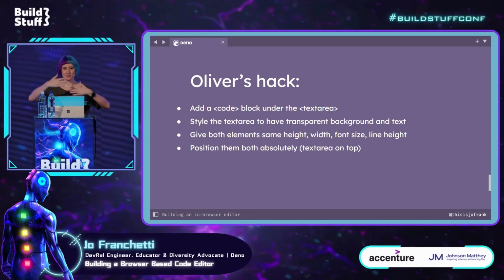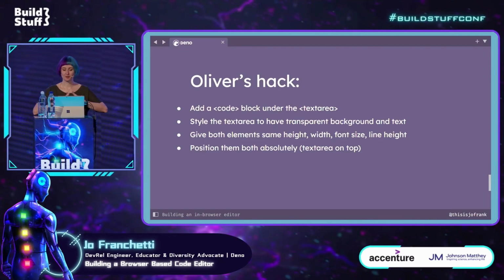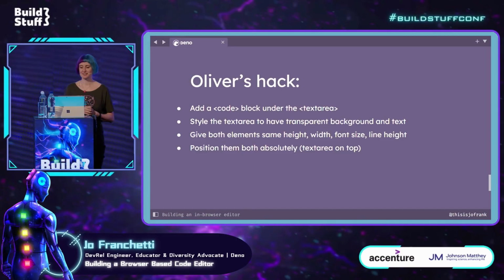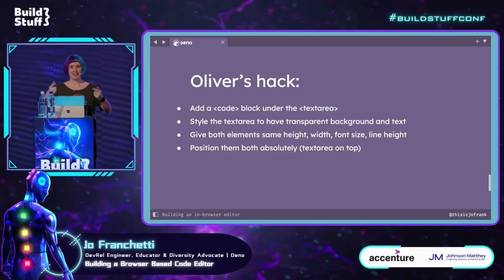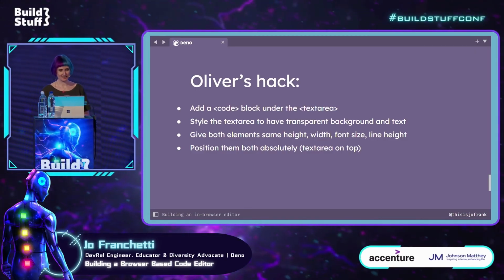And then we position them both absolutely with the text area on top of the code block. Then when the user types into the text area, the cursor is going to move as they type, but the text that they're typing will be invisible and will actually be displayed in the code block underneath.